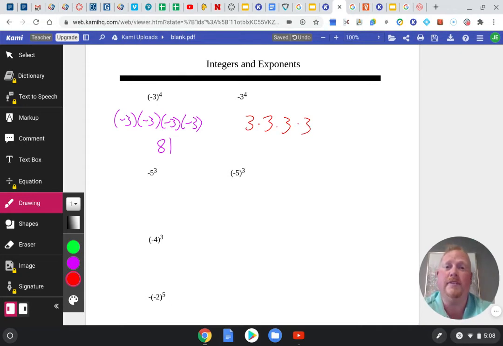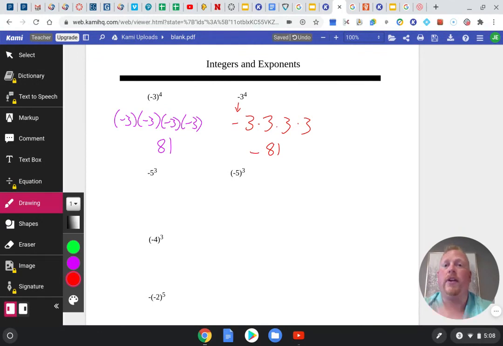So the 3 happens 4 times, but that negative just drops down and happens once. It's the difference between negative 3 times negative 3 times negative 3 times negative 3 compared to negative 3 times 3 times 3 times 3. So the number is still 81, but because the negative only happens once, it's going to be a negative 81.